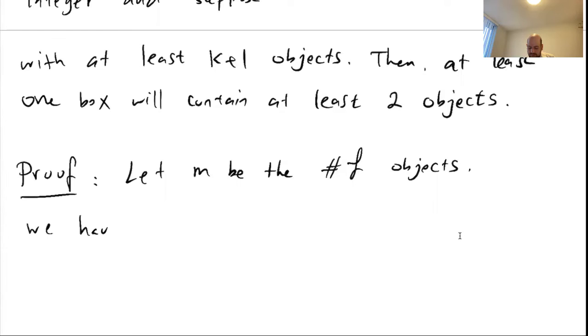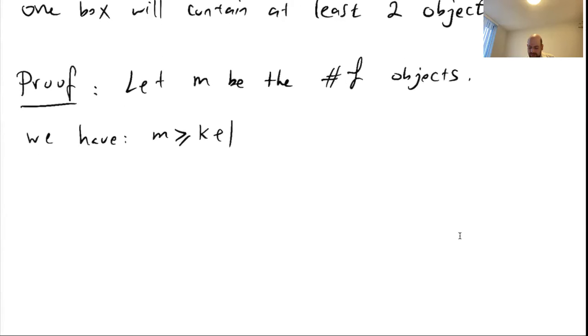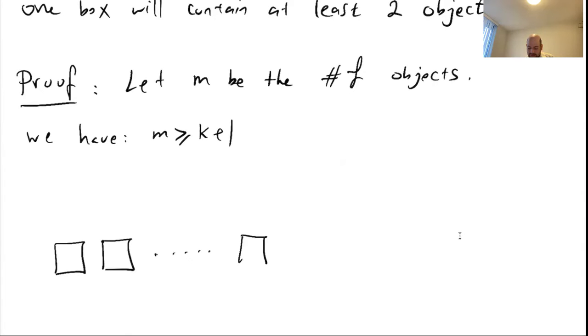We have m bigger than or equal to k plus 1, right? So we have at least k plus 1 objects. And what about boxes? We have k boxes, so this is box number 1, 2, all the way to k.